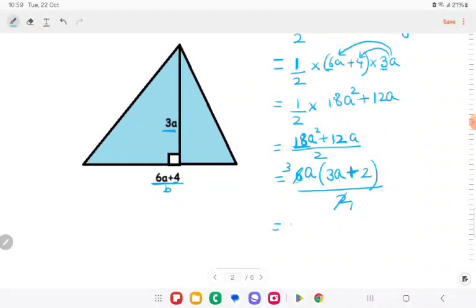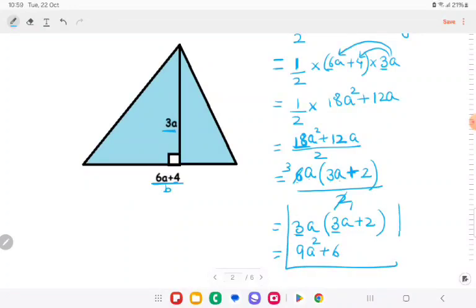So, 3a into 3a plus 2, that could be your answer, or you can simply open the brackets up. So, 3 into 3 makes it 9a square plus 3 into 2, 6. Either way can be your answer.